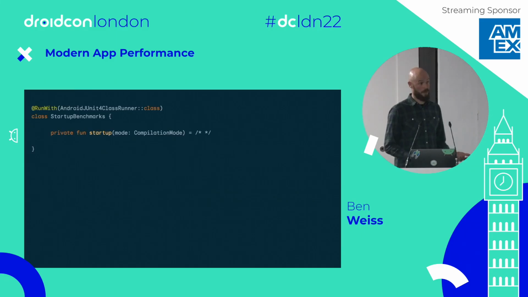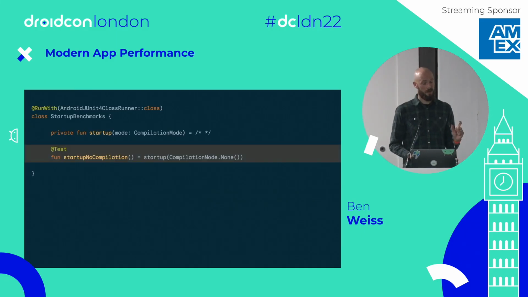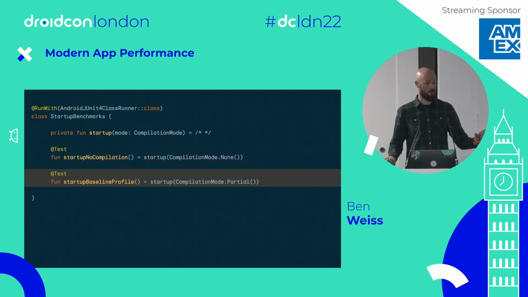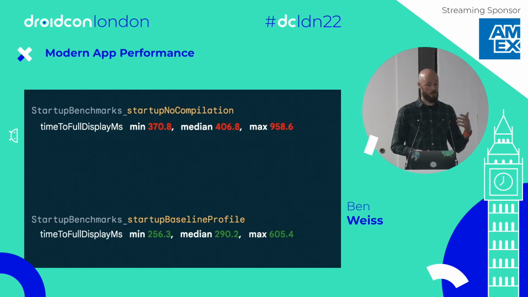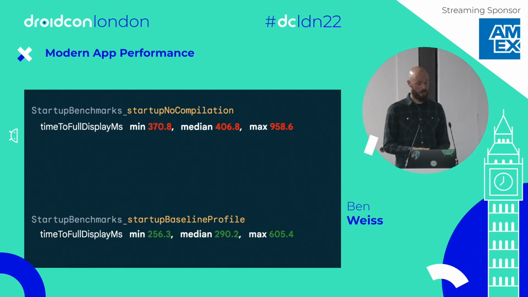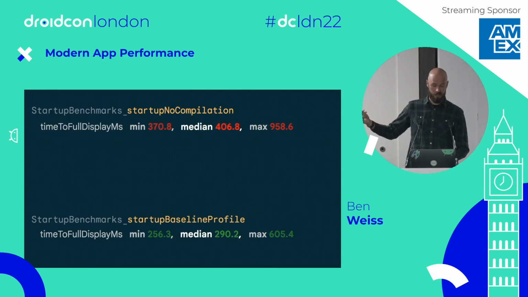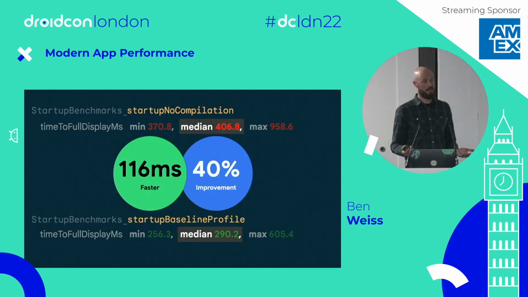And then you can compare with a bit of extraction, with that function, you can compare the no compilation versus partial compilation. And we've seen with partners startup times that are amazing. So this is the startup time of no compilation versus the time to full display with baseline profile. So you see there is 116 milliseconds between the median of the startup times.